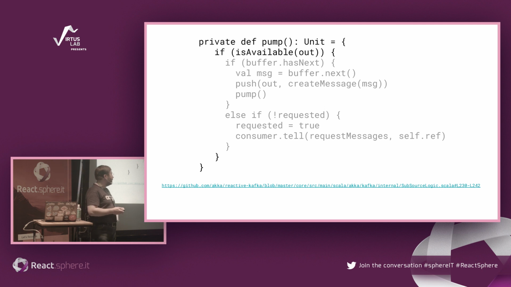This is the very cool pump function. It might take you a while to actually find it in the source code, but it's there, neatly hidden, tucked away. So pump is going to check whether the out is available. That's a tricky thingy. With the streams, I've already been saying that brave souls are writing their custom Akka stream stages, so that they know that the port cannot be pushed twice.